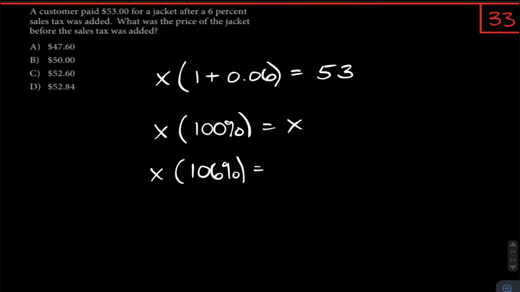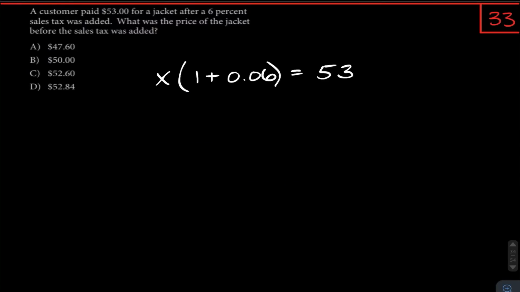I know that I always got tripped up when I was in algebra, because I wouldn't understand why we would use 0.06 in some cases and why we would use 1.06 in other cases. So this becomes 1.06x equals 53.